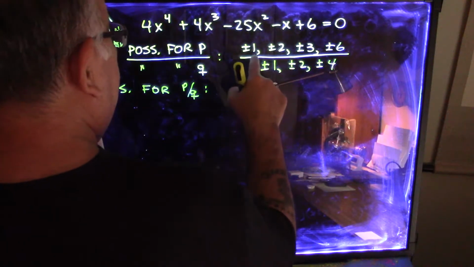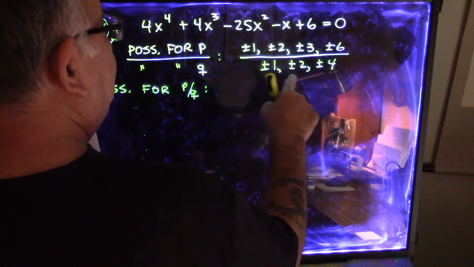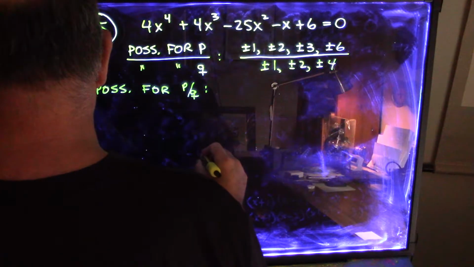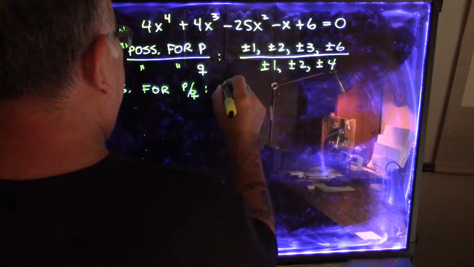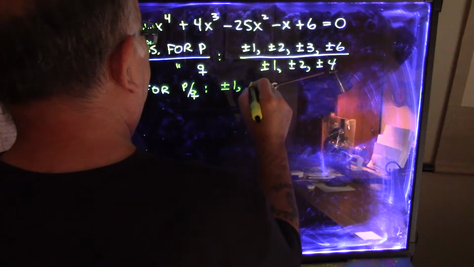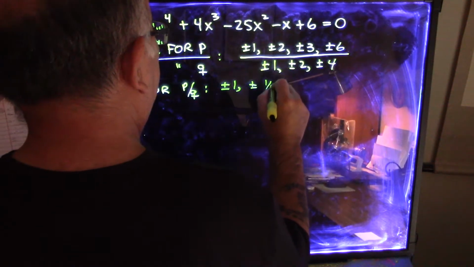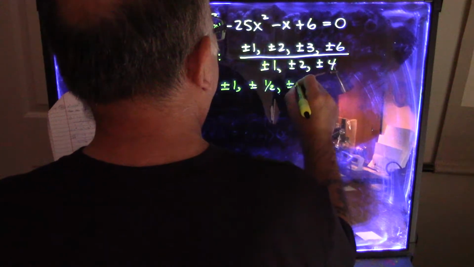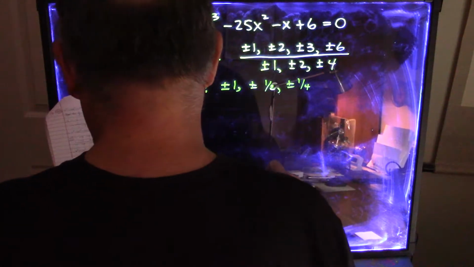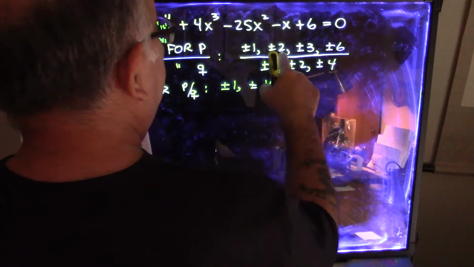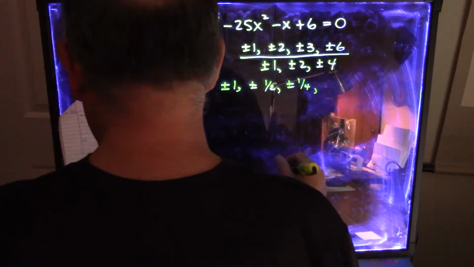Starting with this and putting it over each of these, we've got plus or minus 1, plus or minus 1/2, plus or minus 1/4. And starting with a 2, we've got plus or minus 2.